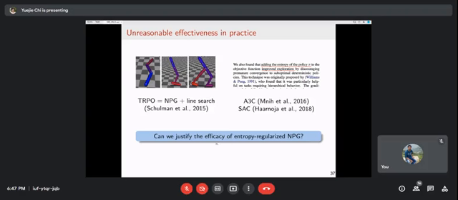Then we also see in some of the papers by Google and DeepMind that adding entropy regularization indeed helps exploration and is very useful for accelerating the convergence of the algorithm. So from a theory perspective, we really want to justify this phenomenon. Can we justify the efficacy of this entropy regularized natural policy gradient method?